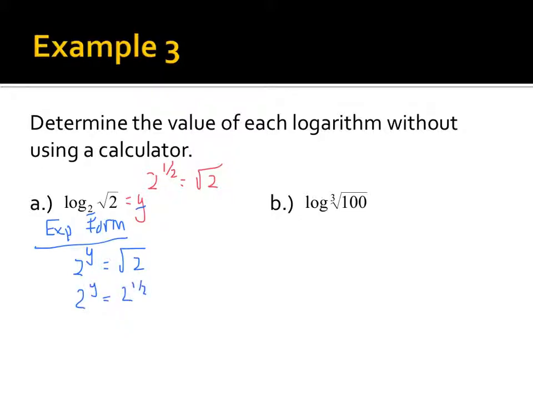And so notice that you get that y is equal to 1/2. So that means that our answer is that log base 2 of radical 2 is equal to 1/2. Okay, so this is what we would want you to write.